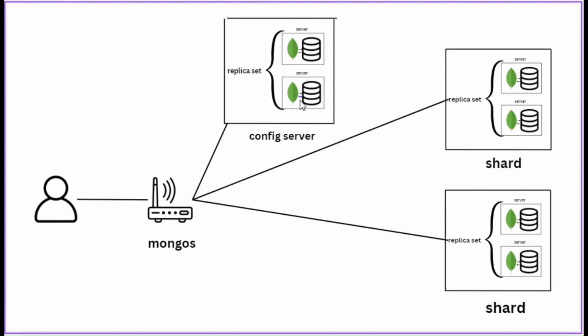You can have more than two replicas, you can have multiple replicas. It retrieves the information that Mongos needs to do the query, and then it sends it to Mongos. Then Mongos goes to whichever shard that data is located in, and it will retrieve the data, or whatever you want to do, whether you want to delete it or update it or whatever you want to do.